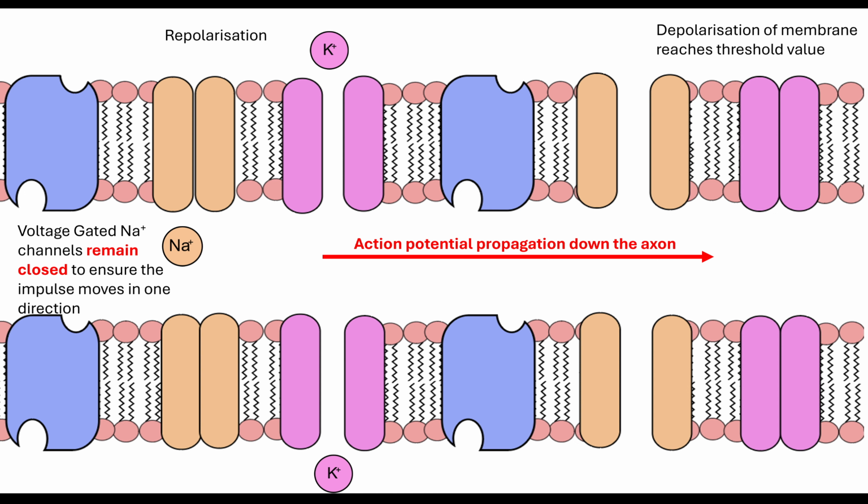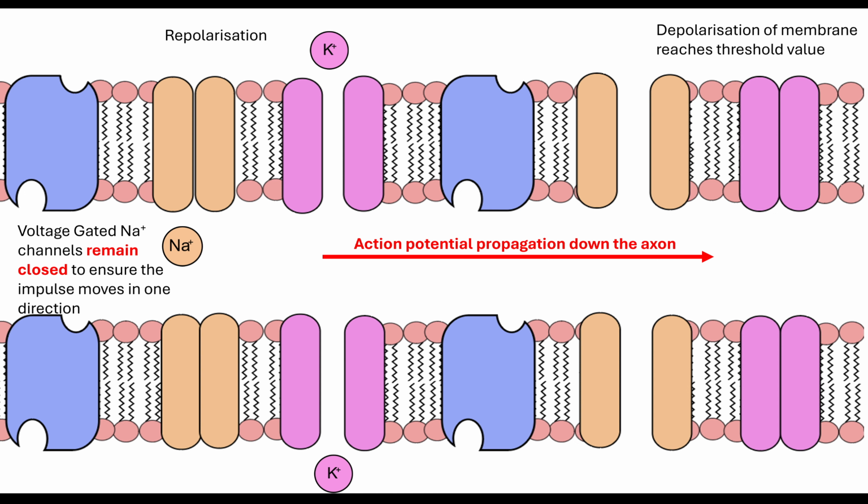If we didn't make sure that our voltage gated sodium channels remain closed, i.e. we didn't get to hyperpolarization and that refractory period, those sodium channels to the left would open, the sodium would flood in, and the impulse would go in the wrong direction.